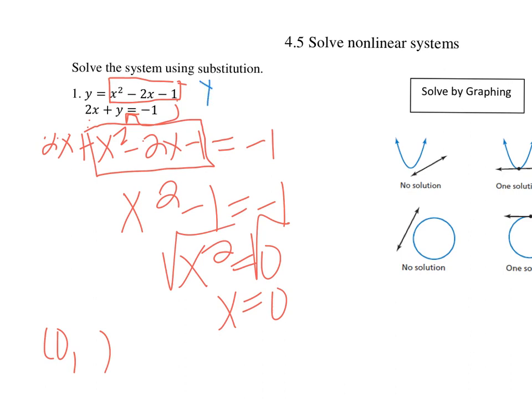So I have y equals 0 squared minus 2 times 0 minus 1. Okay, so all of that is going to be 0. So y equals negative 1. So we do have a solution at 0, comma, negative 1.